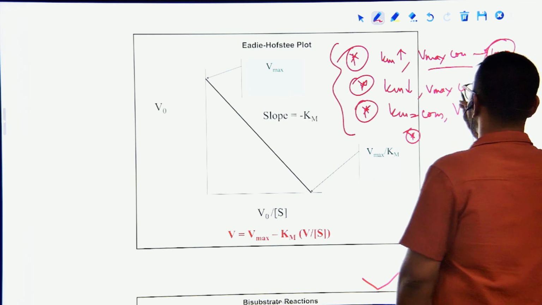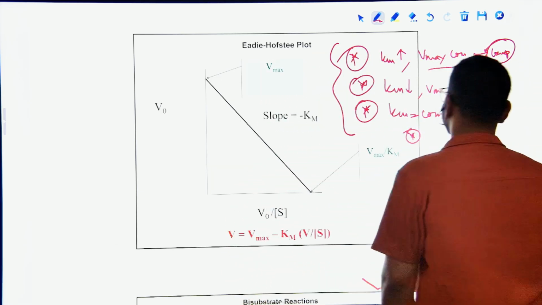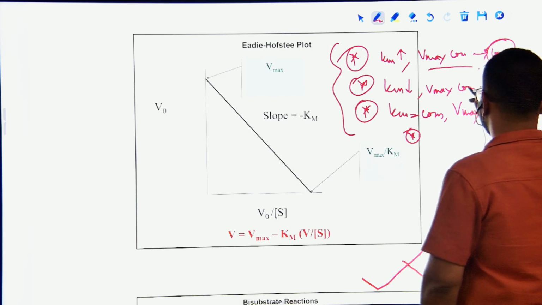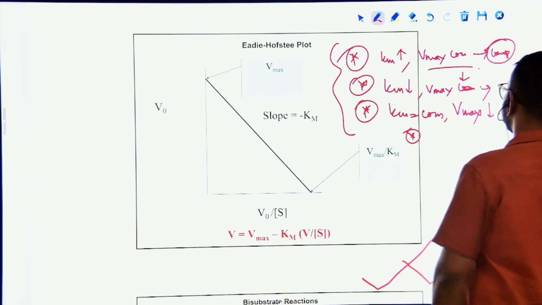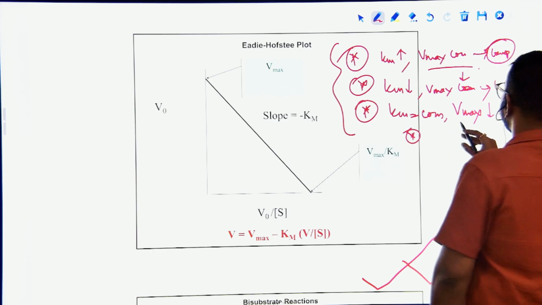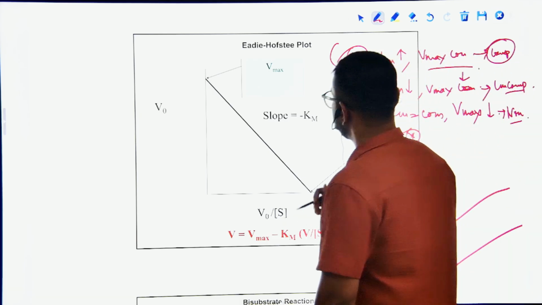Km decreased, Vmax also decreased. This is uncompetitive. Km is constant, Vmax is decreased. This is non-competitive. And there lies mixed also.